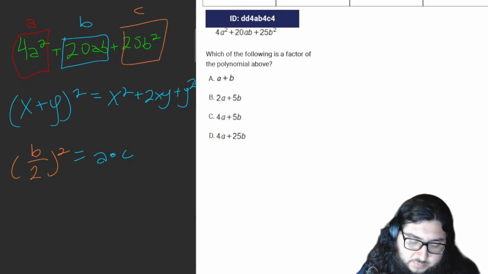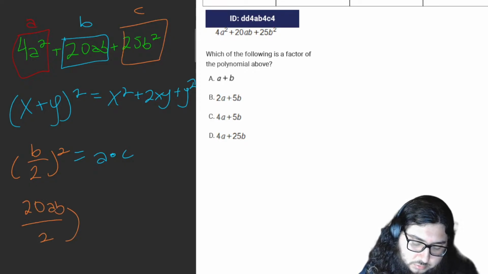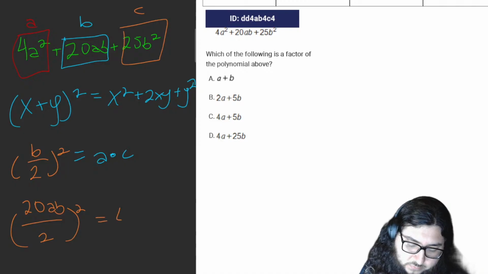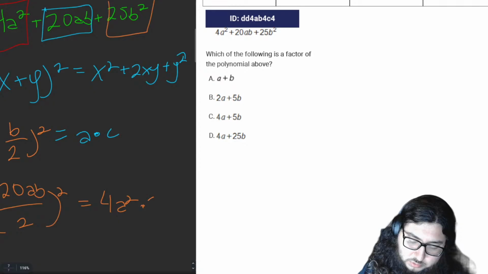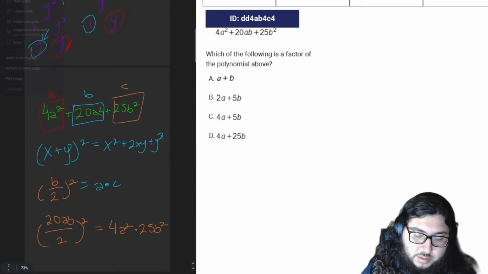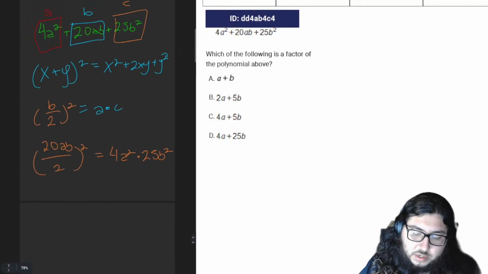So if b divided by 2, that is 20ab divided by 2 squared, is equal to 4a squared times 25b squared, then we have ourselves a square binomial.